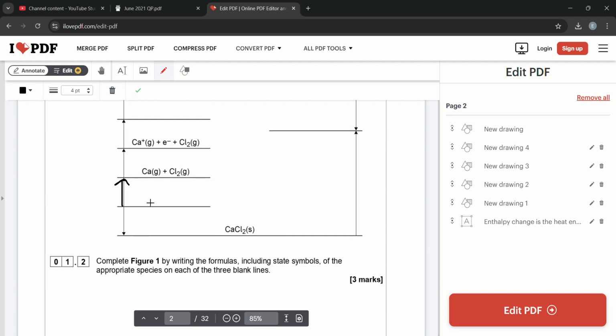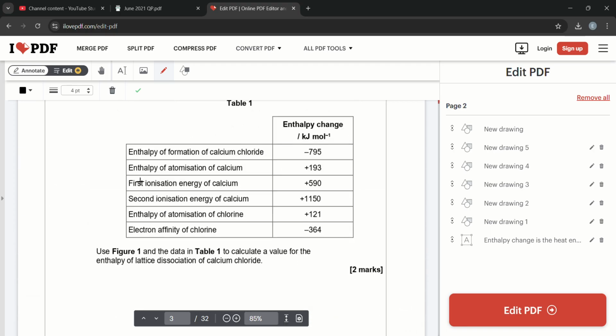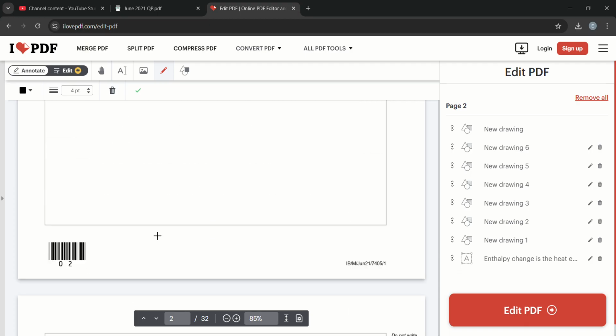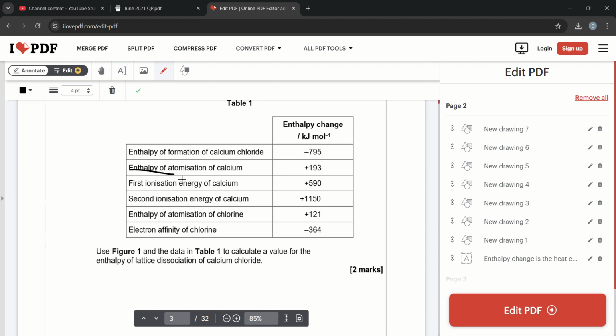Well, we must have started with a solid, because calcium chloride is solid, so we'll have calcium solid plus Cl2 gas, and then that's atomization of calcium, which is 193. There's only one calcium atom, so you're not timesing by anything.